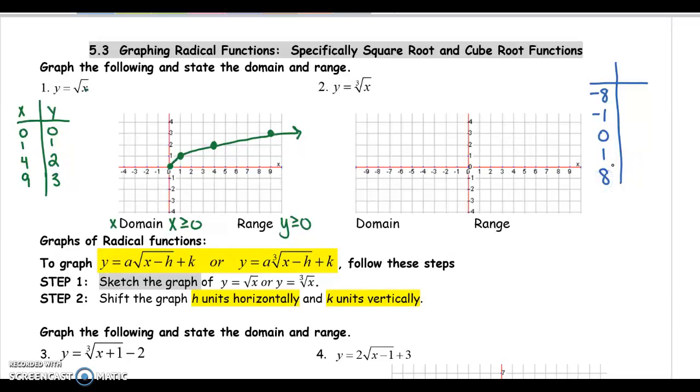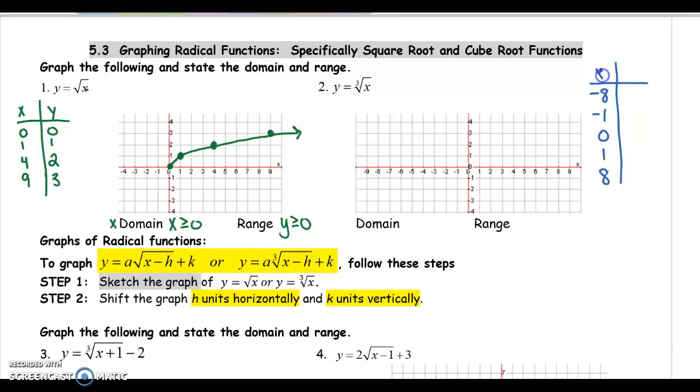And the biggest question I get in this section is, how do you know whether you should use 0, 1, 4, 9 or negative 8, negative 1, 0, 1, 8? You want to look at what kind of root you're working with. Are you working with a square root like in number 1, or are you working with a cube root? If it's cube root, use the negative 8, negative 1, 0, 1, 8.